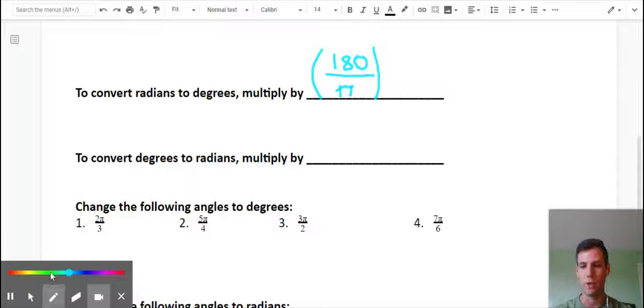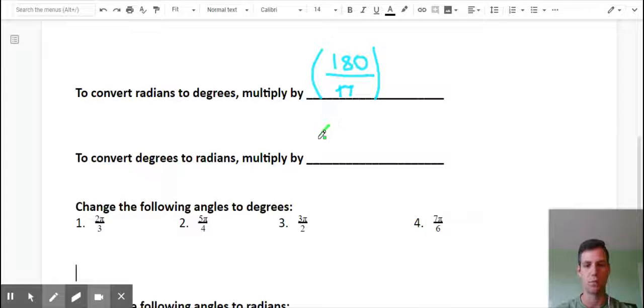But if we were to do the opposite, go from degrees to radians, we need to multiply by pi over 180. And this is going to be important to keep as a fraction and not have any decimals. So you're going to want to use a calculator or your math skills to keep this pi over 180 as a fraction and simplify your answer once you have multiplied your numerators and denominators together.